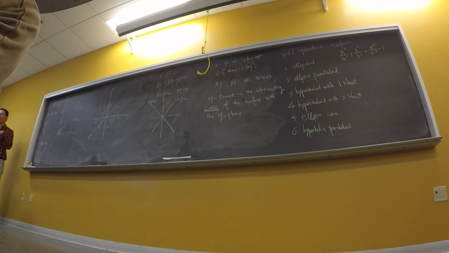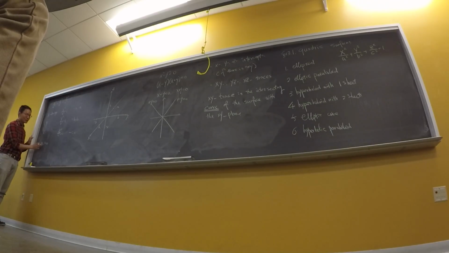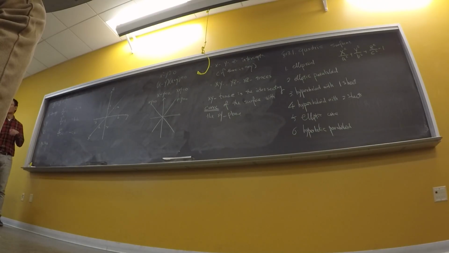Xy trace is the intersection of the surface with xy plane. What do the points on xy plane have in common? The point is on xy plane if and only if z value is equal to 0, right? In fact, the equation for xy plane is z equals 0, right?